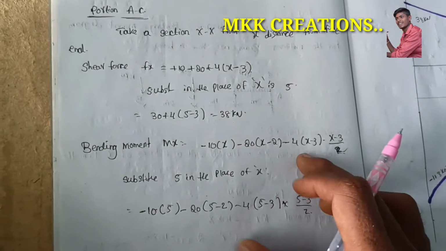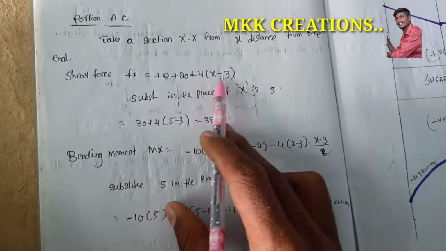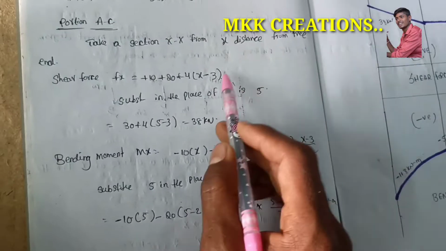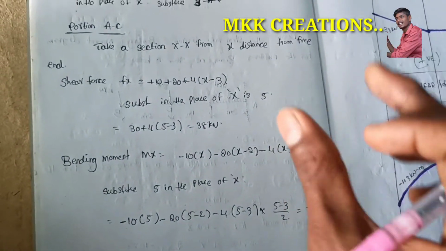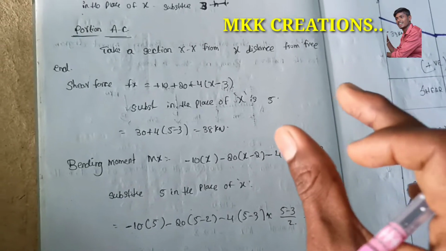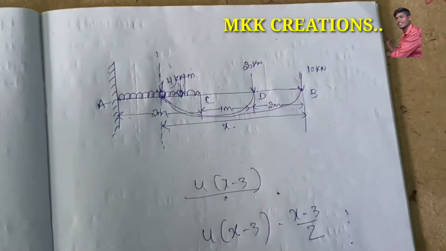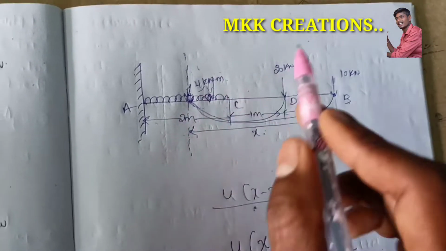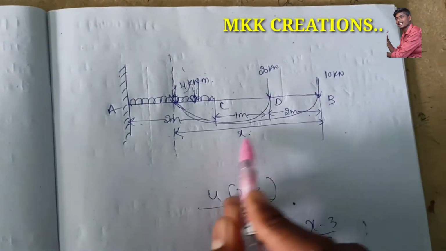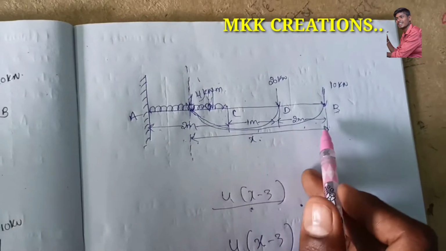So see the calculation. Shear force is plus 10 plus 20 plus 4 into (x minus 3). In the place of x we are saying XX, why? Because in the place of x we want to substitute the value of 5. Why 5? Because the total load is acting at 2 meters, plus 1 meter, plus 2 meters, so that is equal to 5.